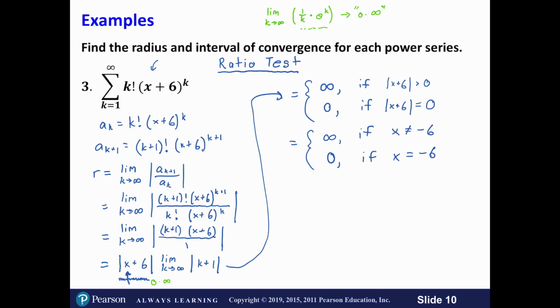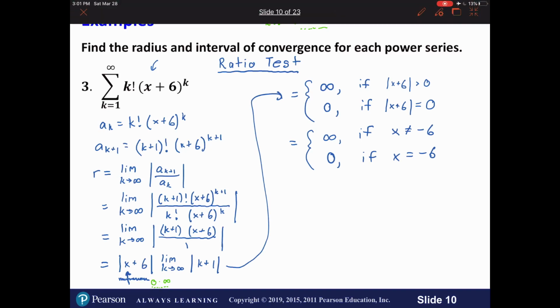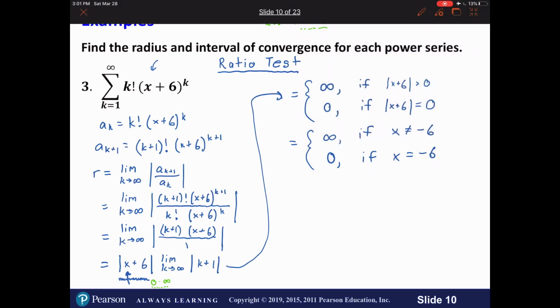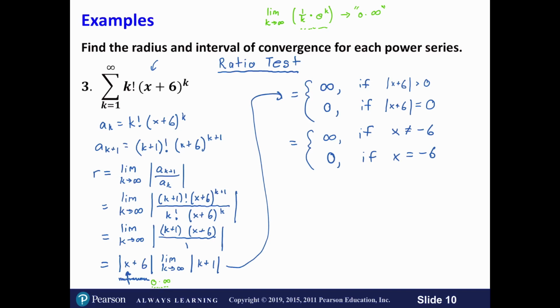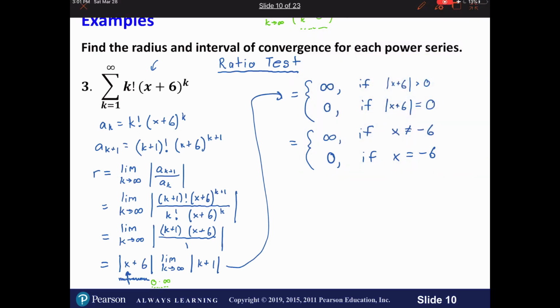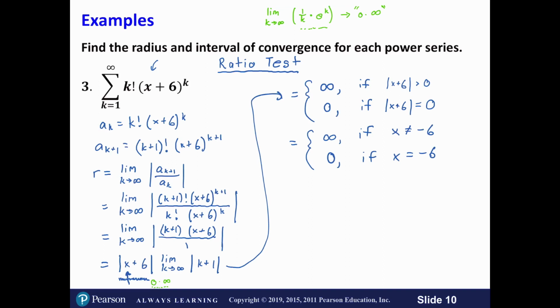And in this case, they are not both inside the limit, which is why we can definitively say that it's equal to 0. Alright, so the bottom line here is that this series only converges if x is equal to negative 6.